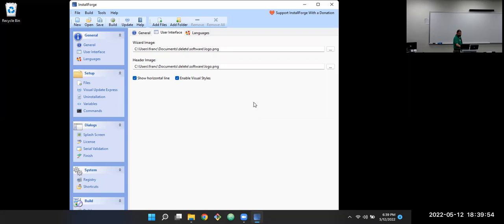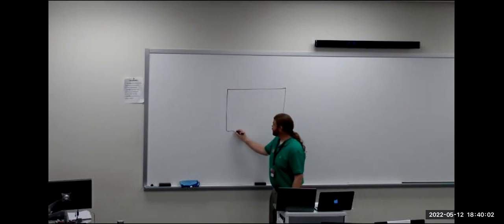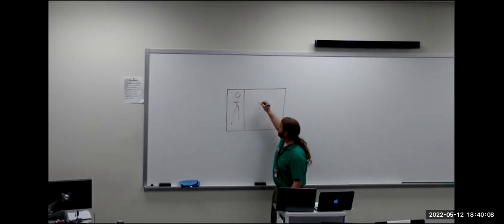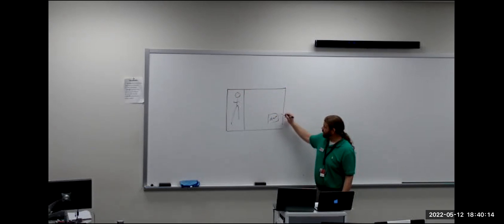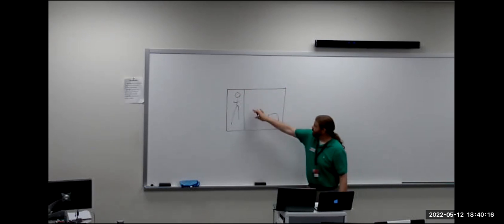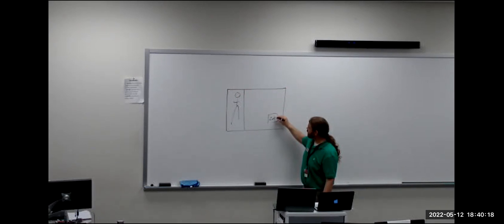I was kind of thinking I was going to skip over this, but then I looked at the clock and I was like, oh, I'm about 10 minutes ahead of where I thought I was going to be. So I probably could have pointed this out when we got to the wizard. So the first screen in our wizard had some big picture over here, and the start button, or when we got to the end, it had that picture there and then the finish button.